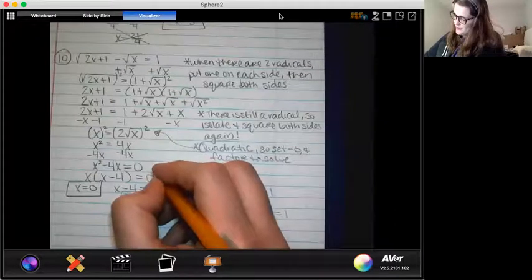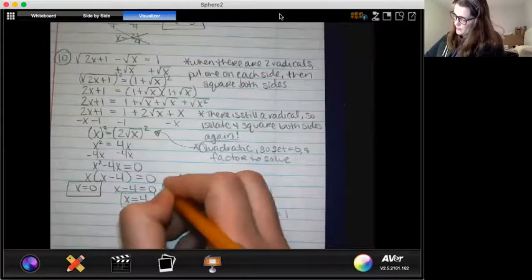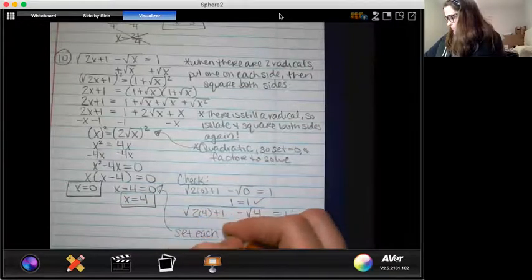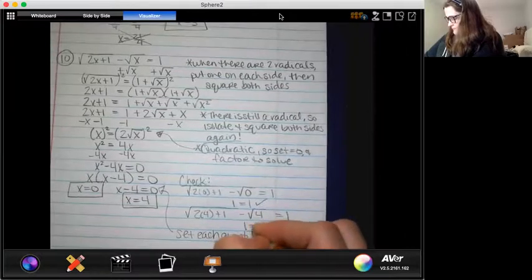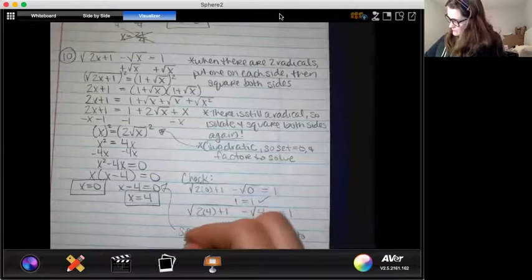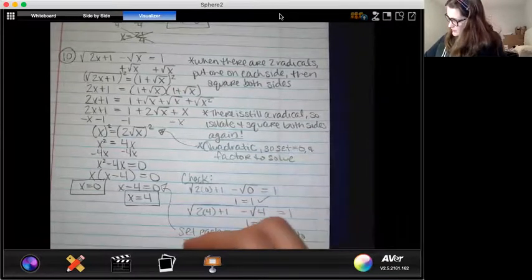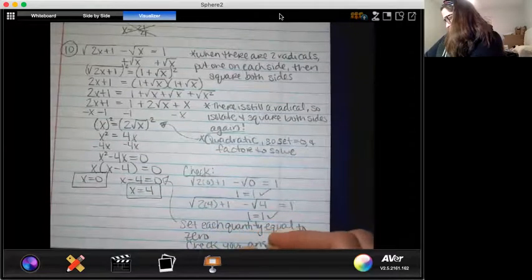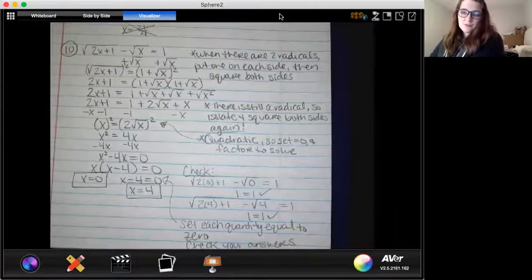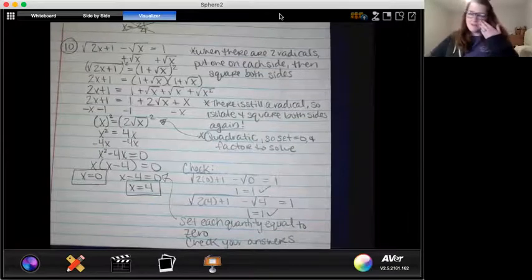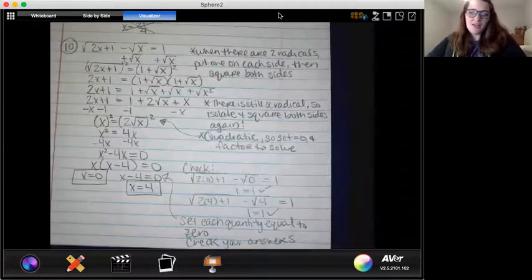And once you factor, you set each quantity equal to 0, and you check your answers. Okay, basically I rewrote all the steps we've done before, but there they are again. So let's go ahead and get ready for number 11.